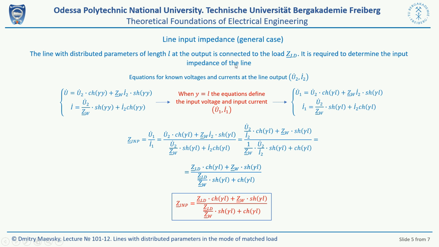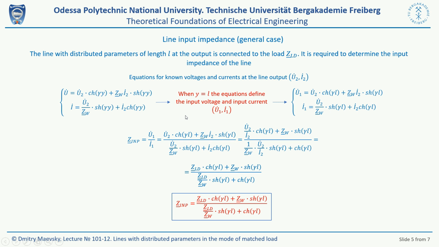We will begin with the same equations we introduced in the previous slide. As we have mentioned before, these equations allow us to calculate the voltage and current at any point on the line located at a distance y from its end. In this case, the known values are the voltage U2 and current I2 at the end of the line.